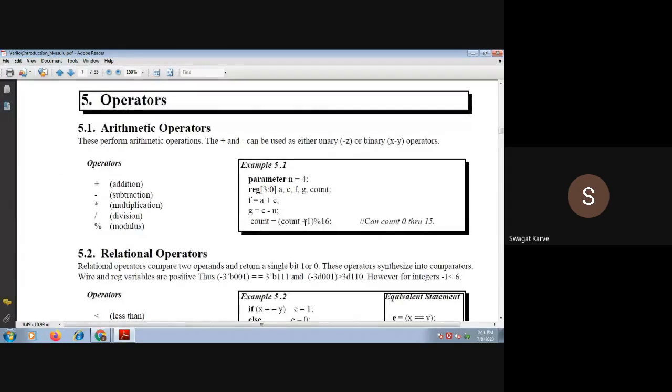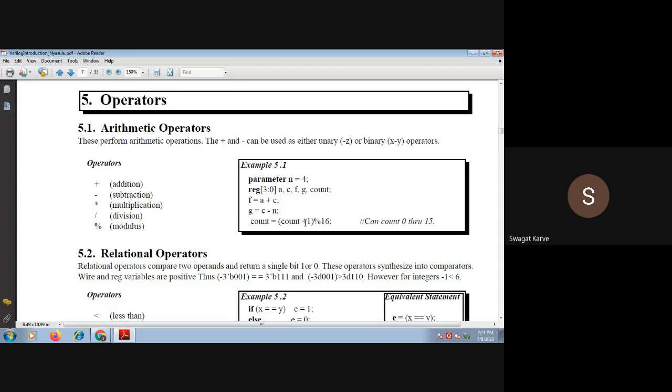Now we will discuss the operators. The same thing we have discussed in VHDL also. VHDL has 6 classes of operators. So the same thing, with some different context, we are going to study in Verilog also. Now what are the different operators in the case of Verilog? The first one is the arithmetic operator.